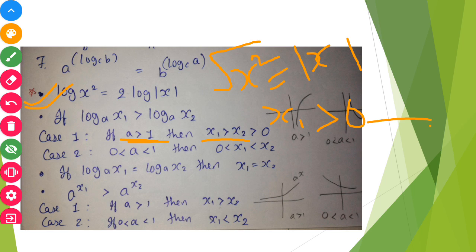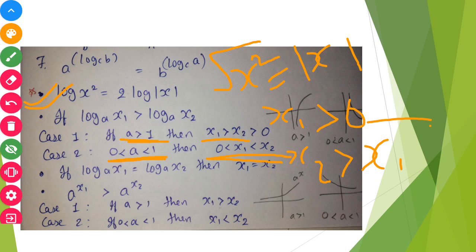What is case 2? If a lies between 0 and 1, as I said earlier, the inequality sign will change. So here the sign is changing, so x2 is greater than x1, and x1 is greater than 0.